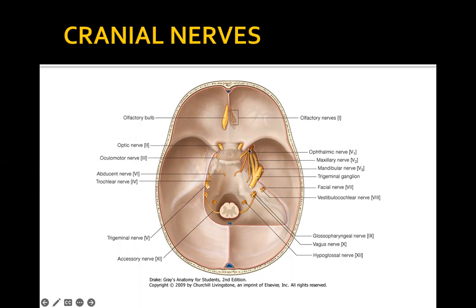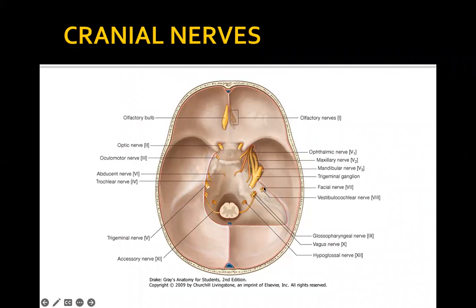The 7. So 7 is facial, which is located here, okay? Facial nerve, and then the vestibulocochlear, right? So facial nerve and vestibulocochlear together pass through the internal acoustic meatus, okay? Internal acoustic meatus.